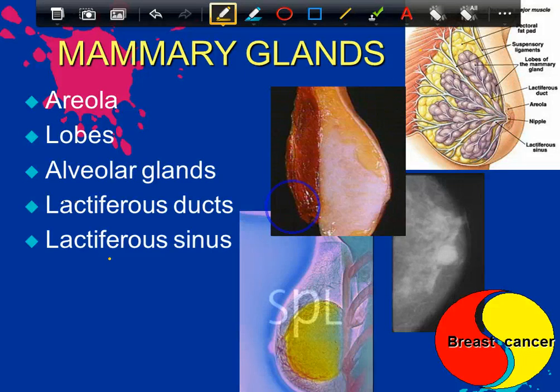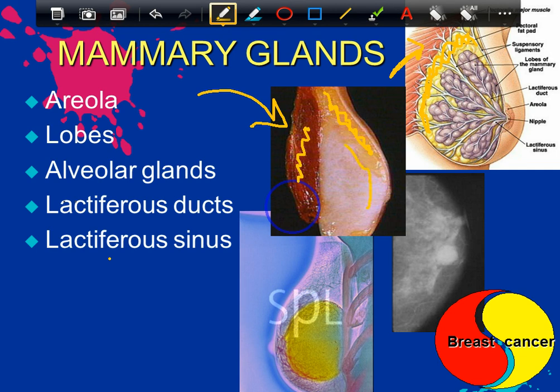Notice here's the pectoral muscle right here in back of the mammary gland. In yellow, you've got adipose tissue right here. Actually, it's adipose tissue that determines the size of breast tissue. In this picture you can see the muscle there, and you can see some fatty tissue, adipose tissue right there.